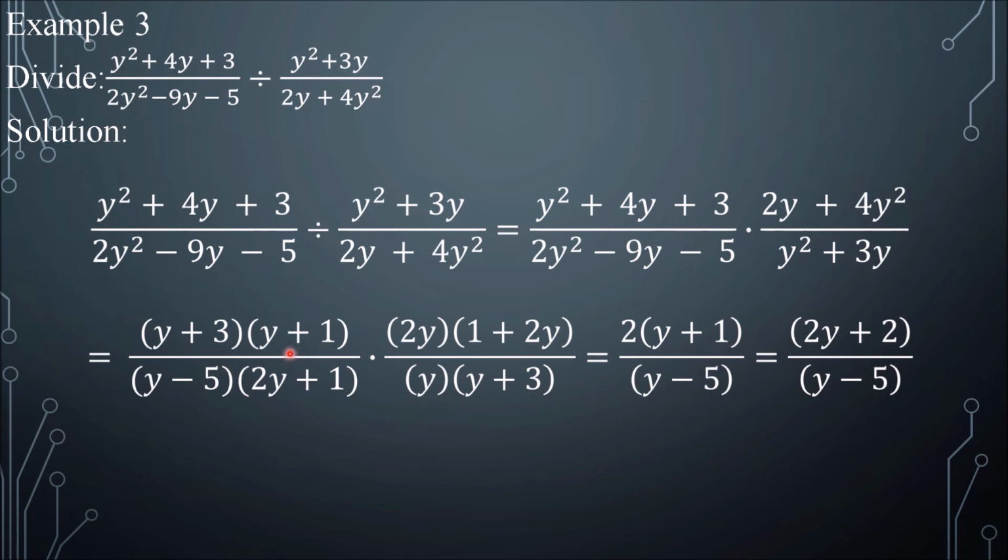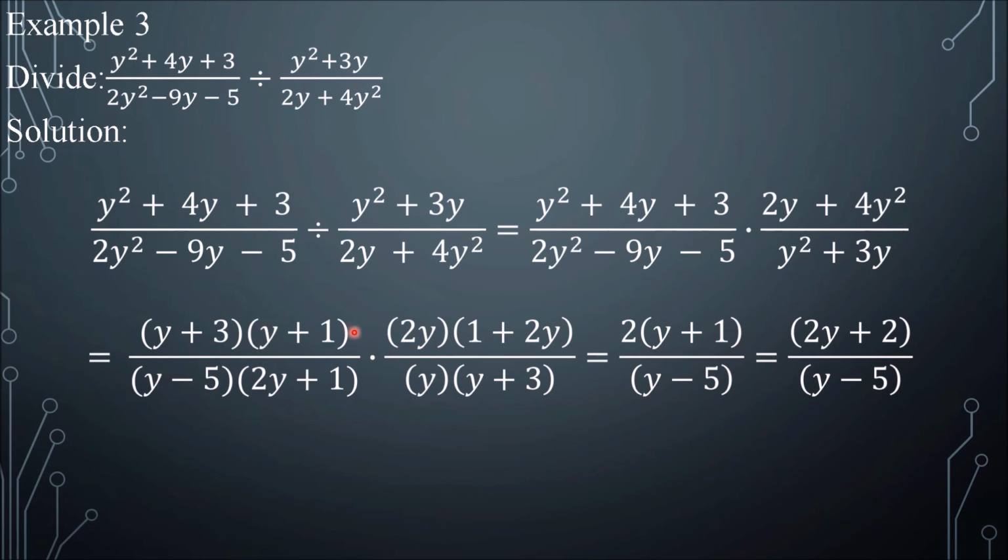And then 1 plus 2y is the same as 2y plus 1. So we will cancel that. And then there is y here and there's also y here. So we will cancel y and y. Now the remaining terms for the numerator are 2, that 2, and then the y plus 1, this one.